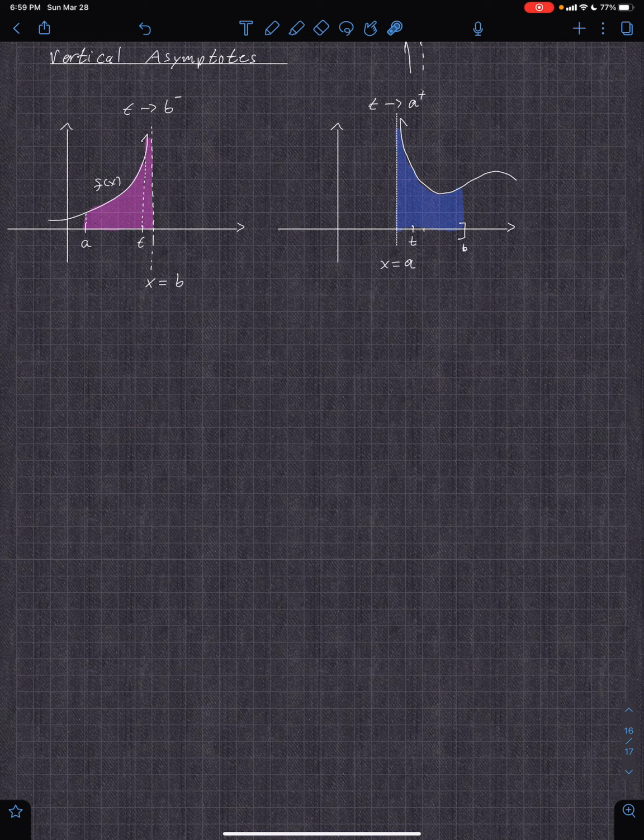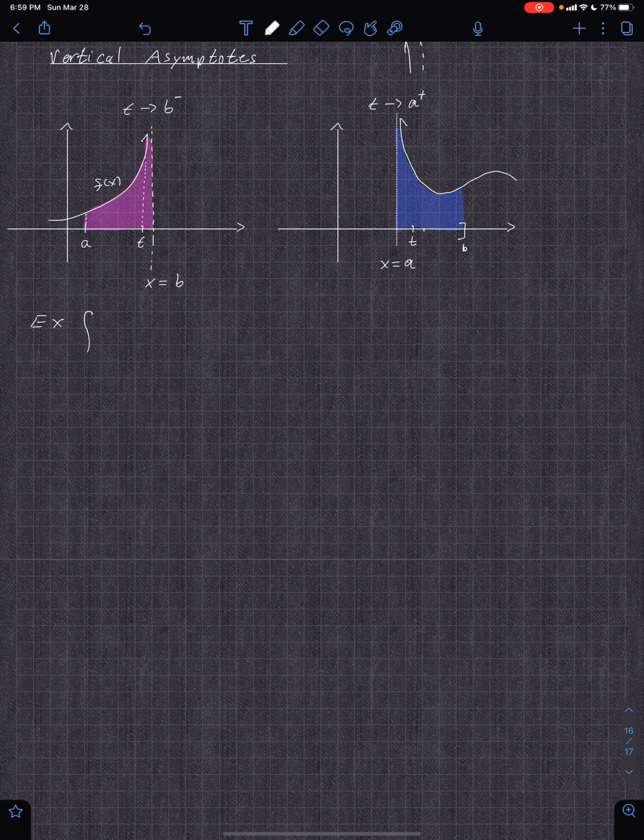And so you could end up integrating over a vertical asymptote, and then that would be improper. That would be kind of wrong, actually, if you did that. Usually they stop at, say, 3 or something like this example, but you've got to approach on one side or the other. So let's look at this example.